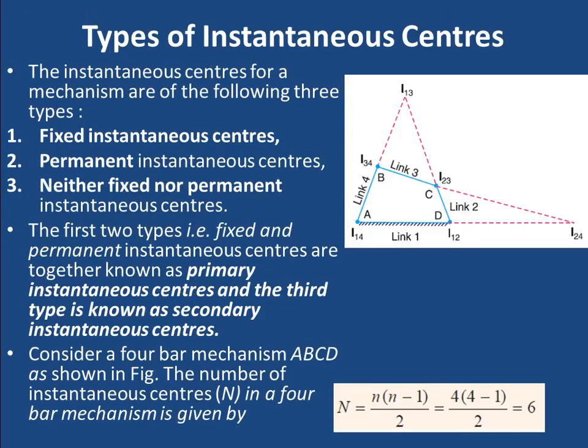That's why they are known as secondary instantaneous centers. The blue ones are all primary I centers, and I13 and I24, which are to be drawn and are neither fixed nor permanent, are known as secondary I centers.